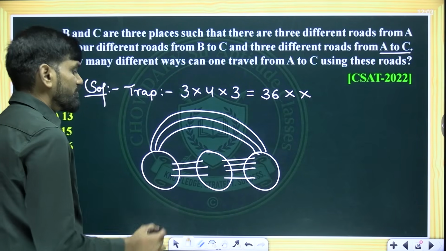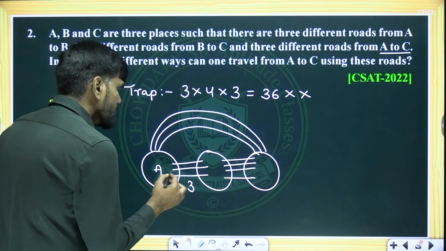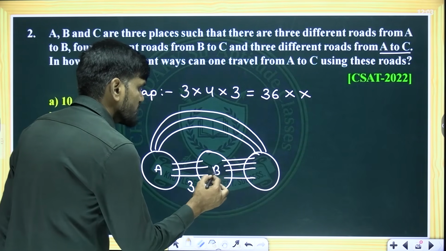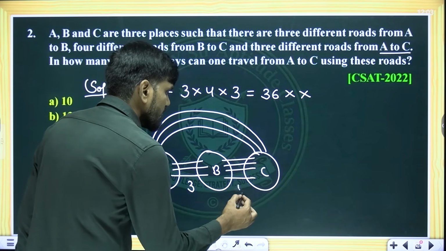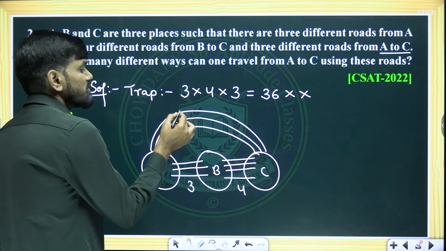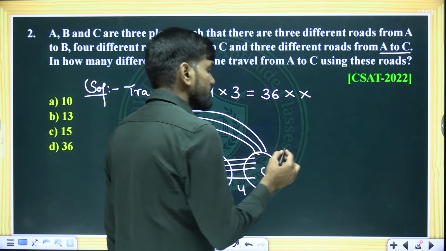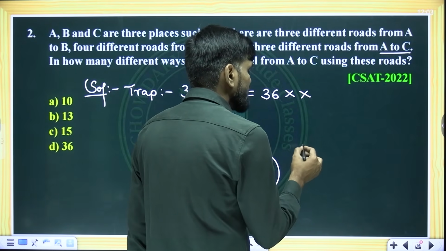So in total, in how many ways can he go? To go from A to C via B, in how many ways can he go? He will reach B, then he will reach C. So A to C via B, he can reach in 12 ways. Directly from A to C, we are having 3 different ways.